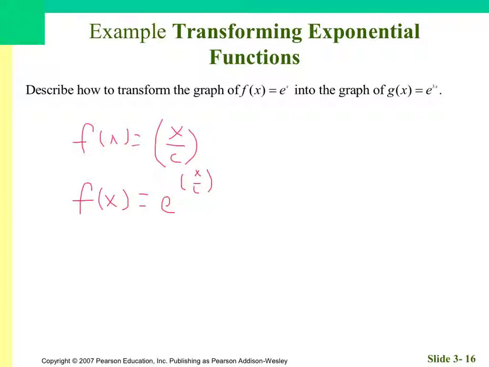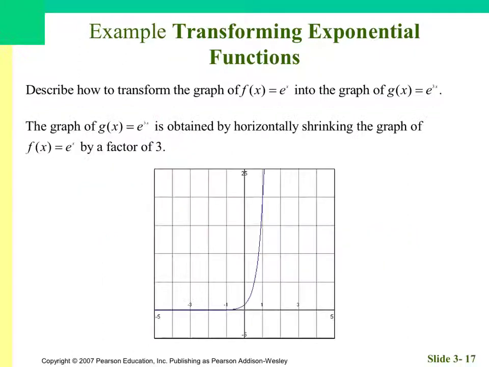So this was a horizontal shrink by a factor of 3. Okay? Let's see. So describe how to transform the graph f of x equals e to the x into the graph of g of x equals e to the 3x.